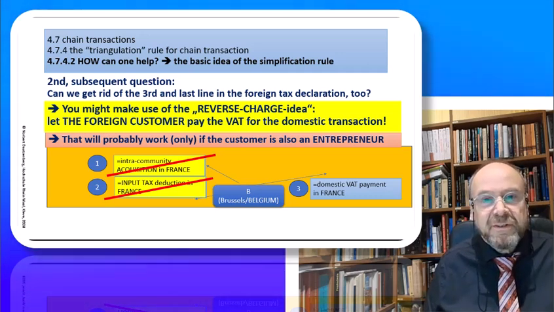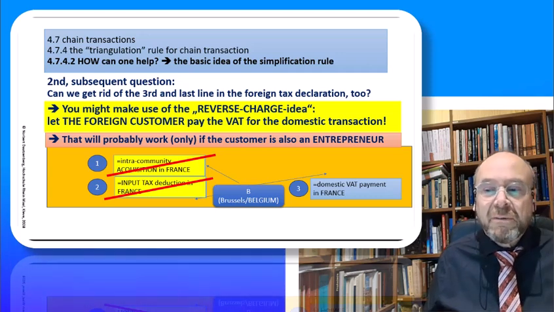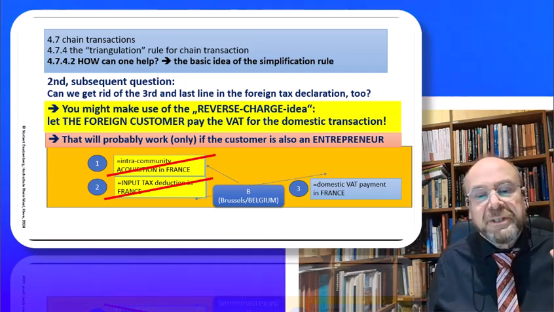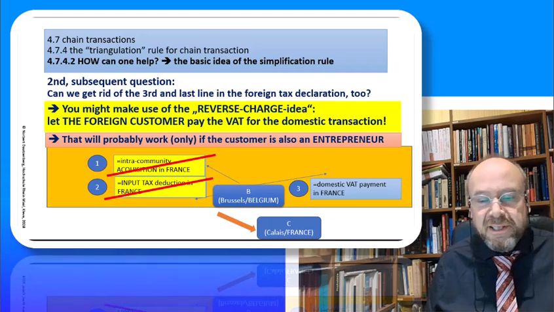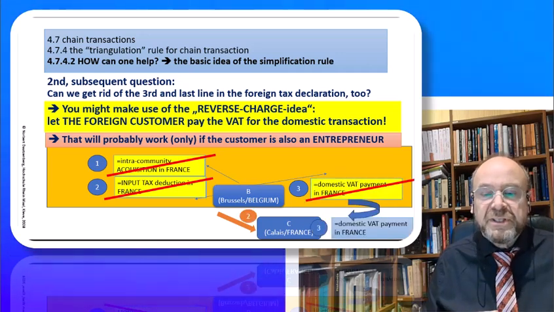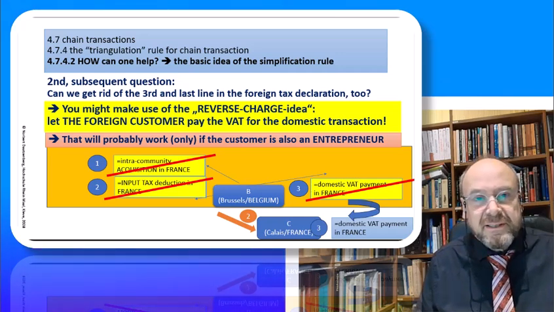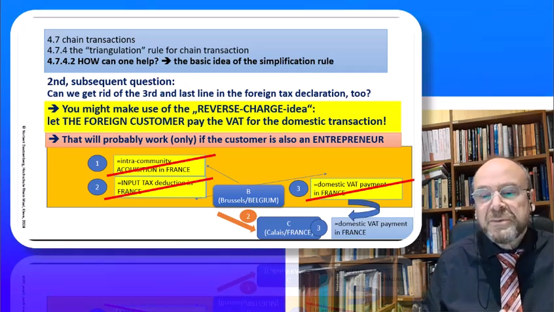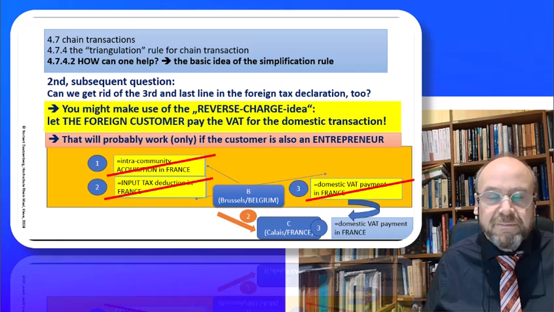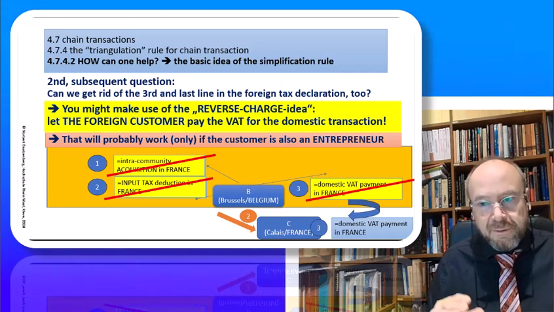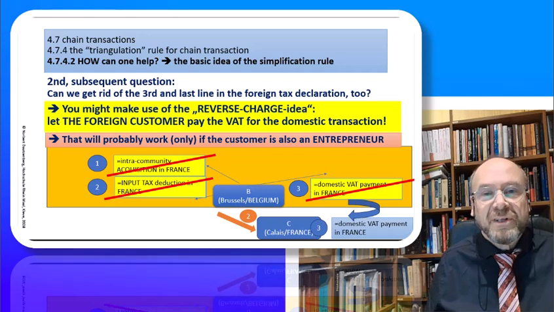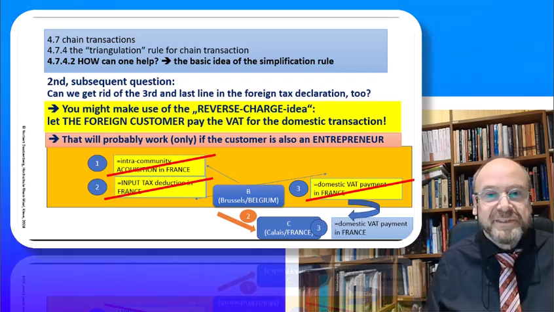So if he knows how to deal with VAT rules. However, that will be relatively frequent. So we could seriously consider that. If we say B to C, in that case, we just shift the tax declaration and tax payment duty to C, the final customer in France. Then B has got rid of all the lines in his French tax declaration. He doesn't need to register.